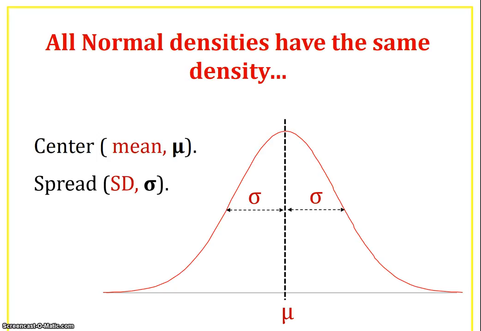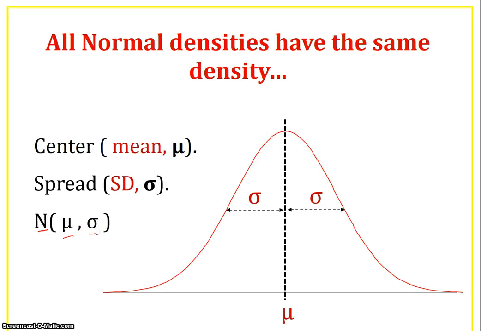Now when we're talking about normal distributions, we have a little bit of notation shorthand, so we don't have to write out the words normal distribution with mean equal to mu, and so on. And this is our notation. So we have N for normal, and then to know which normal distribution we're working with, we need to know what the mean is. So in parentheses, we first write the mean, and next we write the standard deviation, sigma.